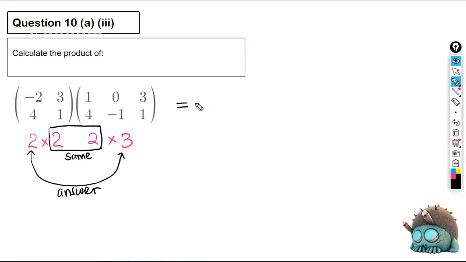A 2 by 3 matrix will look like this. It has 2 rows and 3 columns. So our answer will have 6 answers here. 1, 2, 3, 4, 5, and 6.